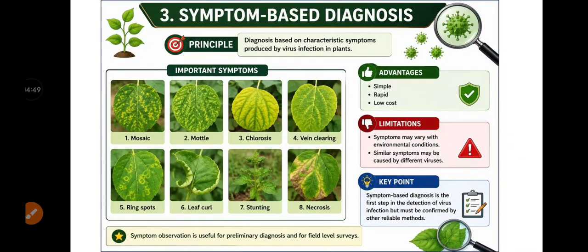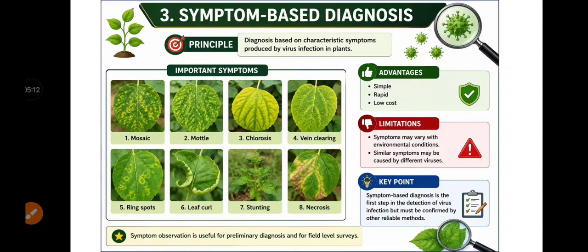Next, first is the symptom-based diagnosis. As you know, if a particular pathogen infects a particular plant, it will definitely produce some symptom. By the production of characteristic symptoms produced by viruses, we can predict a particular virus association.